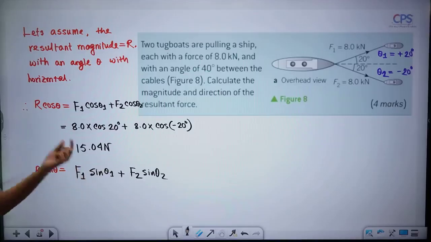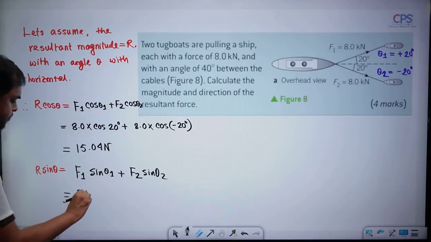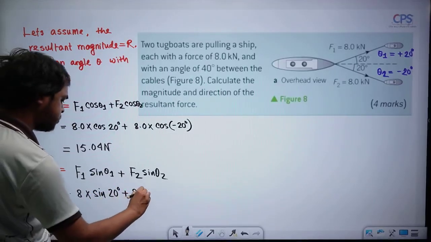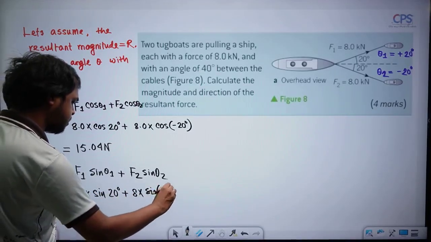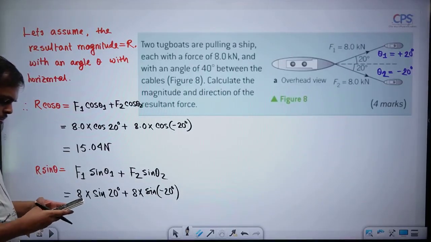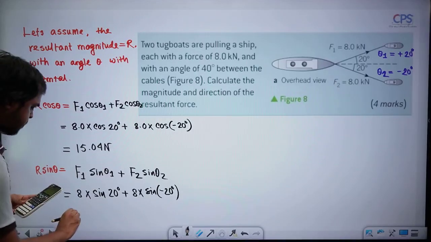For sin we need sin, for cos we need cos. So 8 sin 20 degree plus 8 sin minus 20 degree. This should be 0, okay? 8 sin 20 plus 8 sin minus 20. Yeah, this is 0.